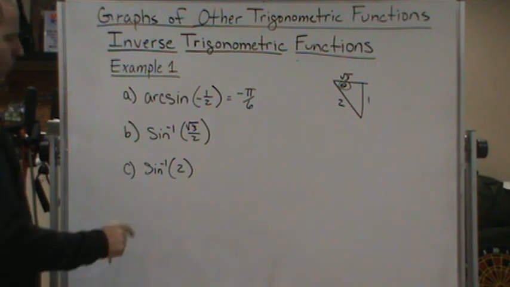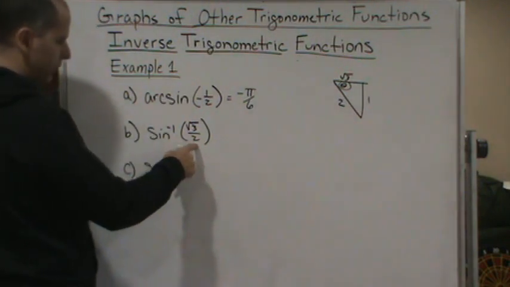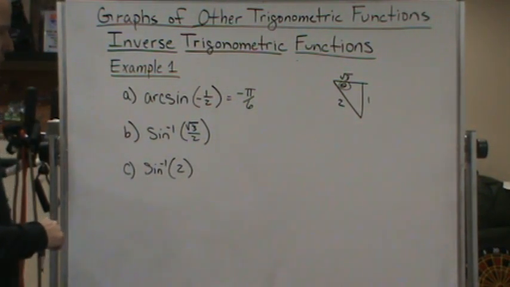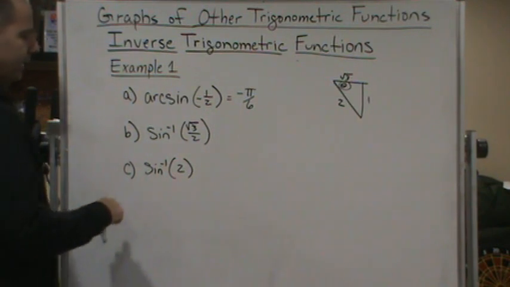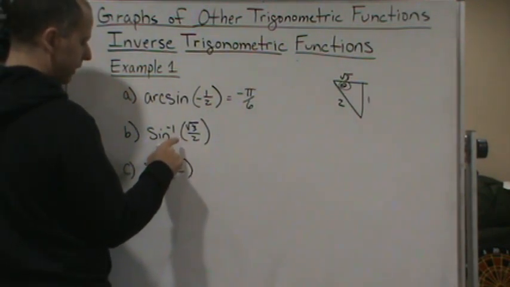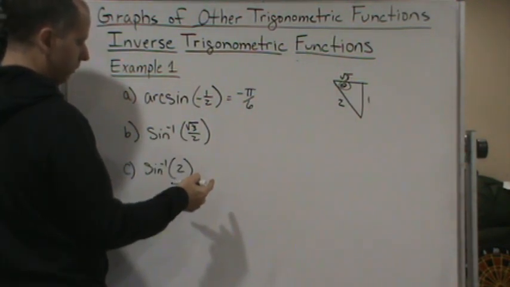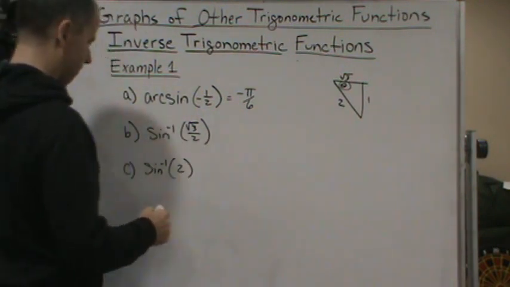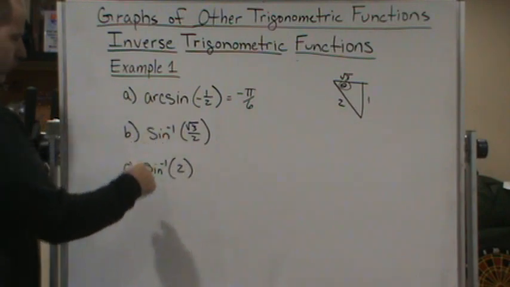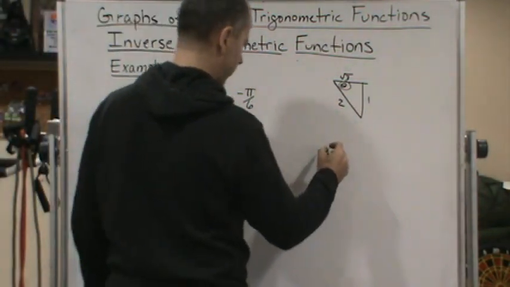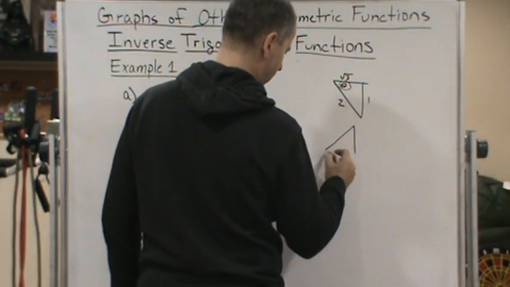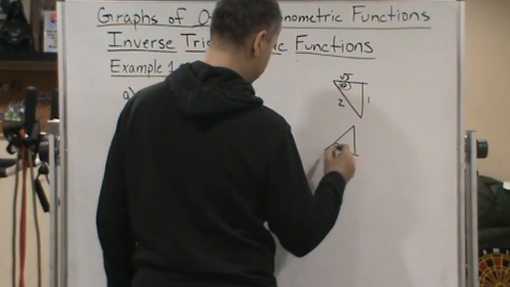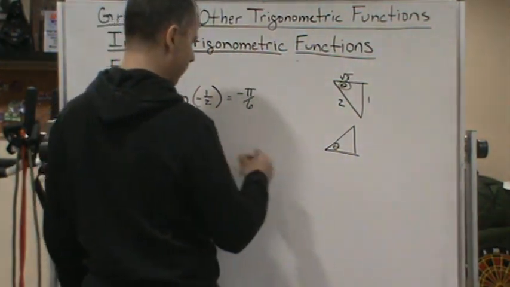Okay, now what about this one? This one also lies within the domain of the function, so we can evaluate this. And again, we're asking ourselves, the sine of what angle will give us this ratio? And of course, we're in the first quadrant. So again, I'm going to draw our triangle here. We're looking for theta, and it's opposite over hypotenuse.